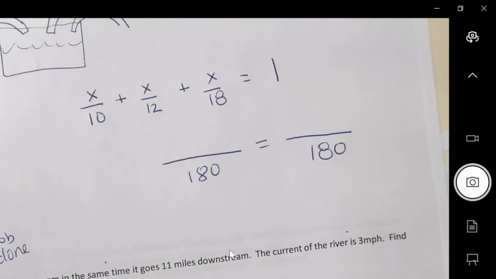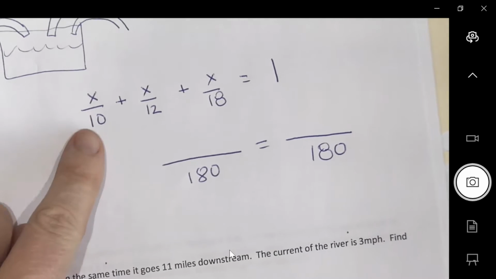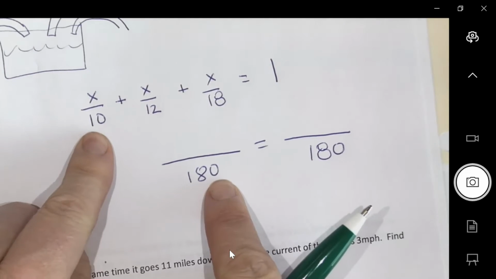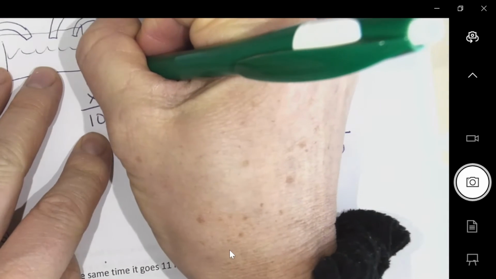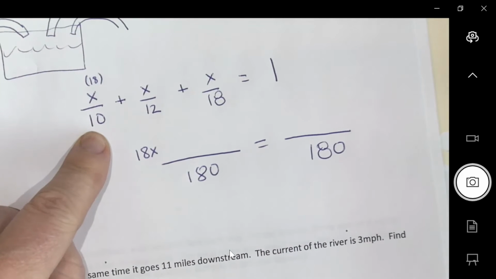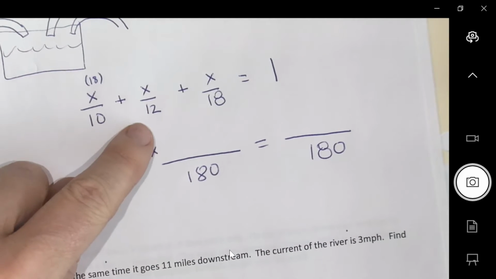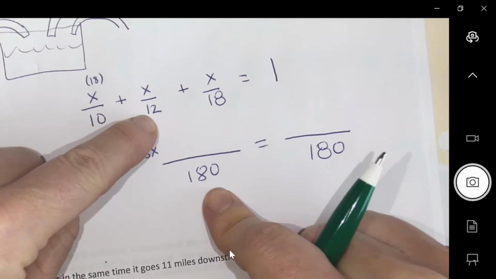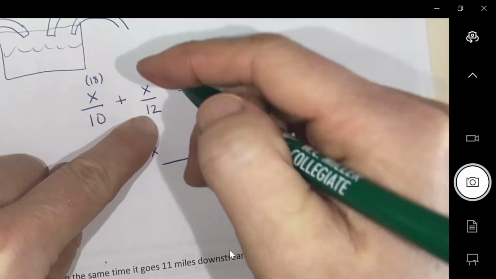Okay, now, ready? One at a time. How did we turn this bottom of 10 into 180? Multiply by 18. I'm going to multiply by 18, turning this into 18x. How are we going to turn this bottom 12 into a bottom of 180? 15.